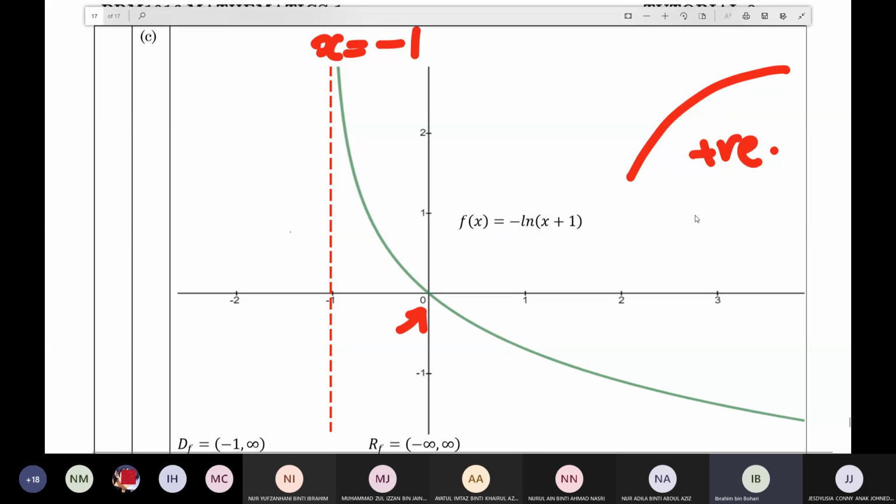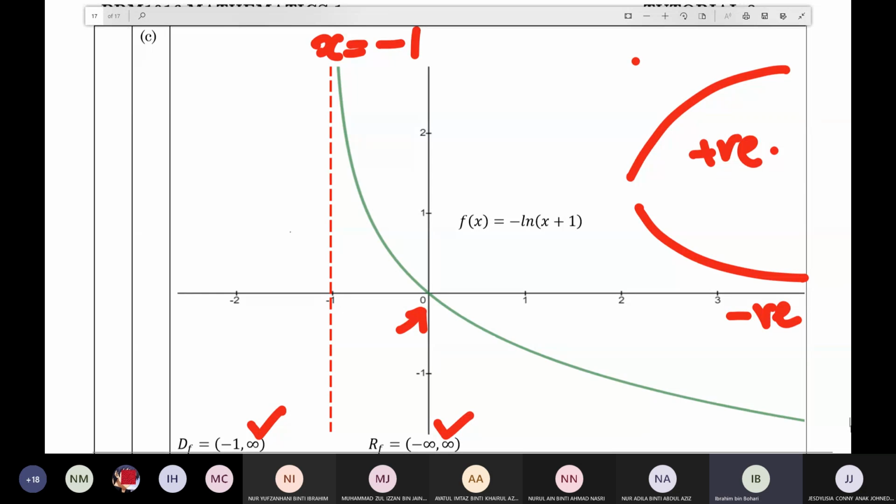Nanti you reflect, nanti dia akan jadi macam ini. Okay, this one the negative function. Macam tu saja. Kalau exponential pun sama. Exponential, you reflect on the y-axis. Dia terbalik. Kalau log function, ln function, you reflect on the x-axis. Dia sama saja. Okay. And the domain of the function, and here the range of the function.